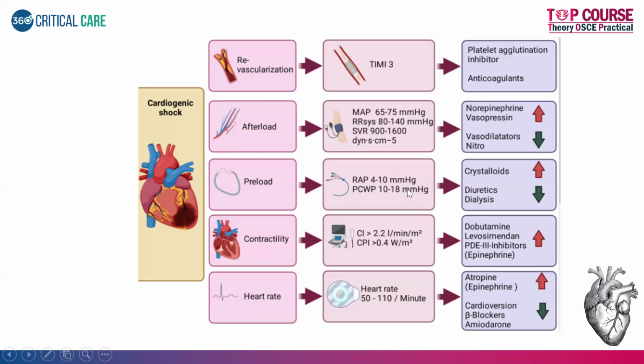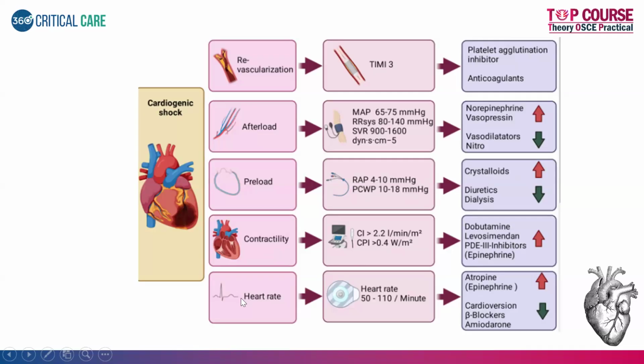If the patient's right atrial pressure is very low, probably you need to use crystalloids to optimize the preload. If the issue is contractility, you can use a bedside echocardiogram and calculate the cardiac index. Then, based on the contractility of the heart, you can use dobutamine, levosimendan, noradrenaline, or milrinone.